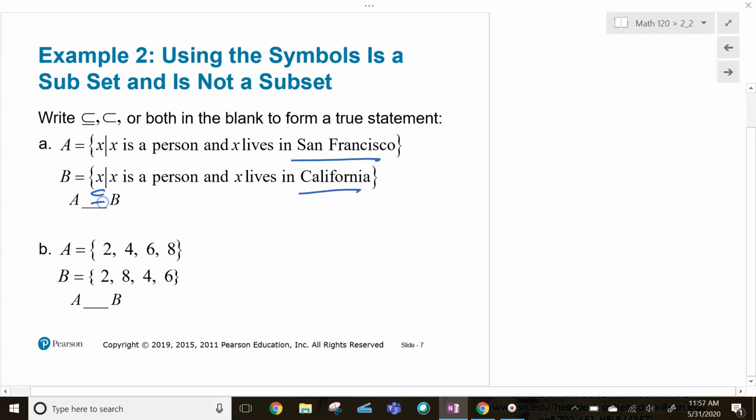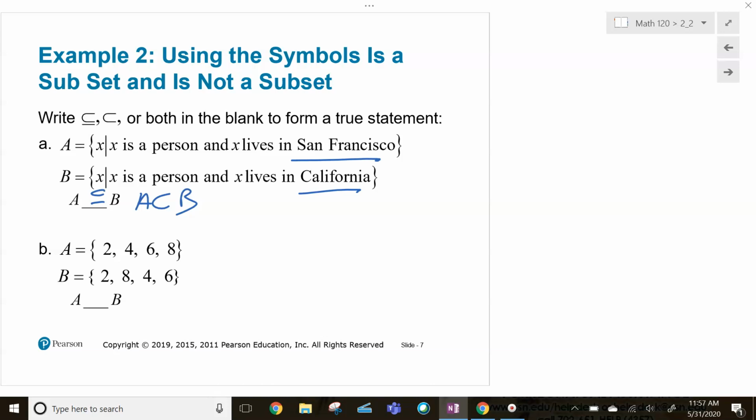So that's a subset. And to be a proper subset, first of all, it has to be a subset, check, but they can't be the same set. Yes, there are definitely people that live in California that are not in San Francisco. So A is also a proper subset of B.